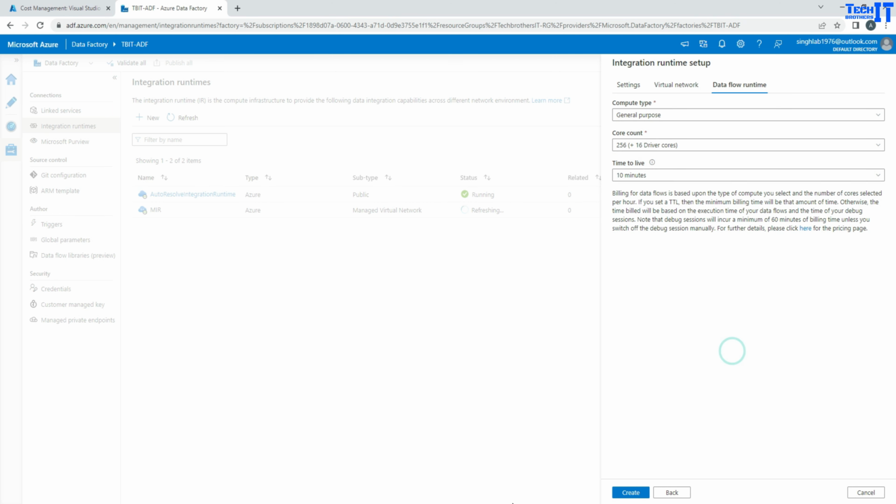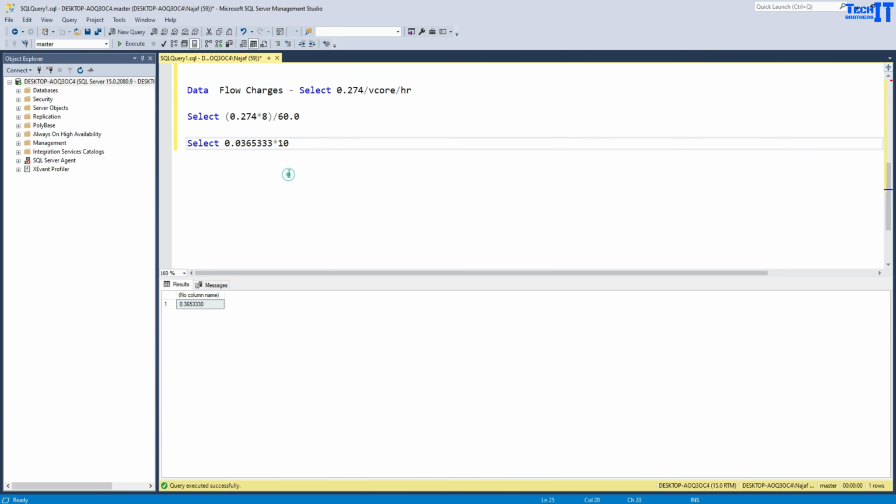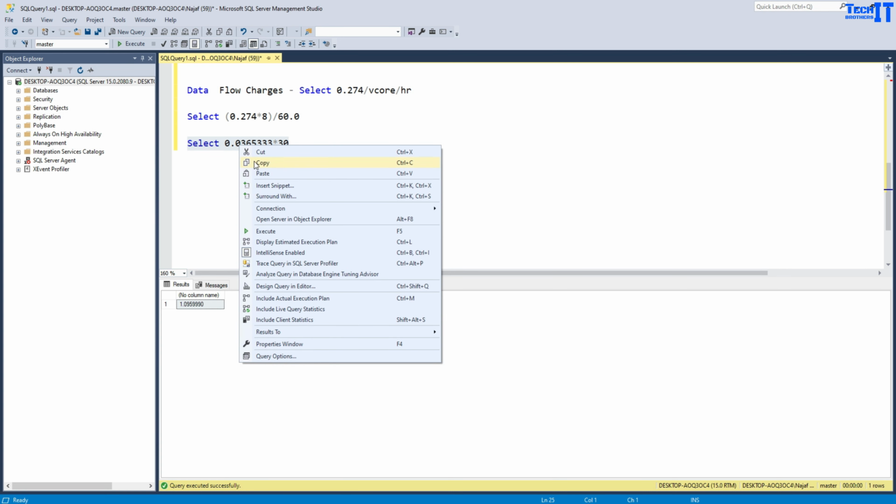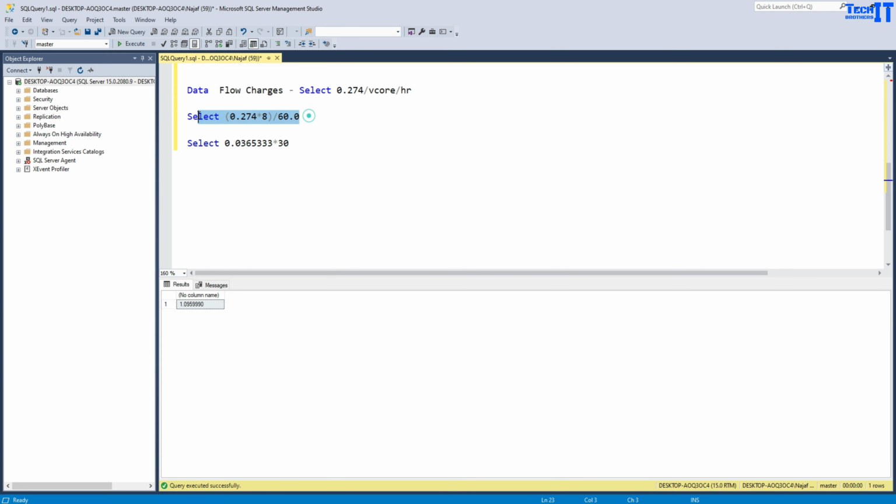Now here most of the time people struggle, like me. Let's say he started with 8 vCores, and it runs for 10 minutes. This is the price I'm paying. Now if my data flow runs for 30 minutes, I'm paying $1 and so on. If this does not work with 8 vCores, maybe it runs for a long time, and I say, let me enhance this.